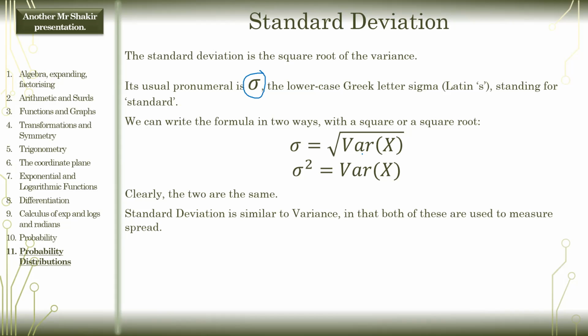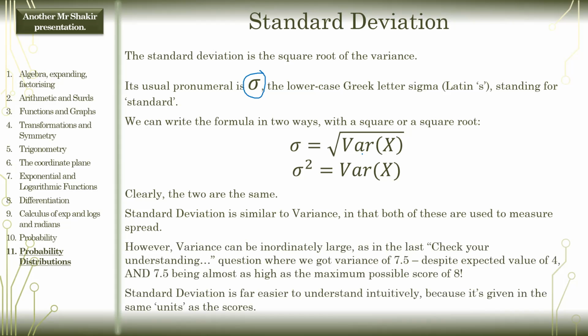But if you square root the 25, because we squared it initially, we have our normal units again. So when I say standard deviation is 5, you can relate it directly to your own scores. I guess when you do questions, you'll understand it a lot more.